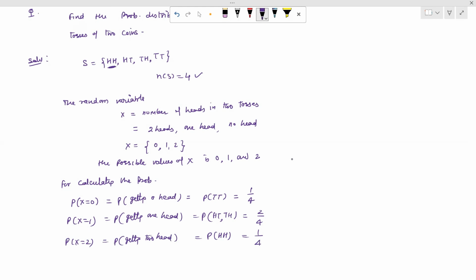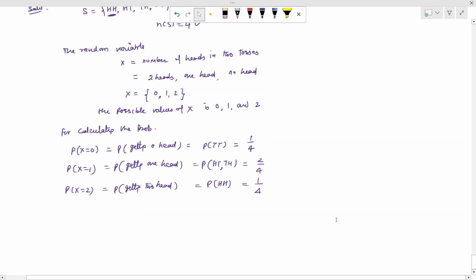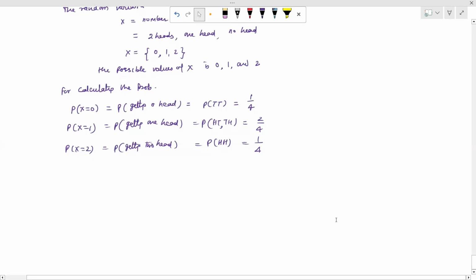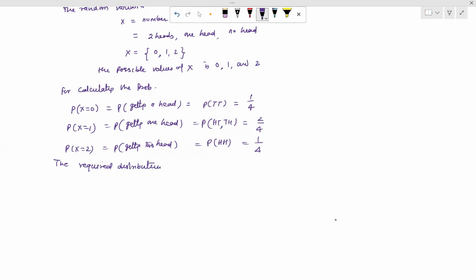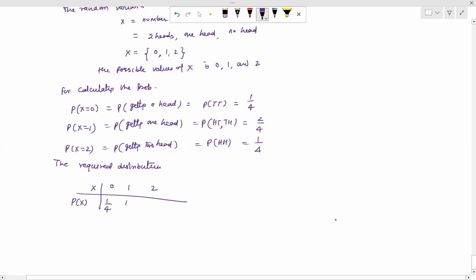Now we put these things into a table for the required distribution. The random variable X contains three values 0, 1, and 2, and we write down the corresponding probabilities. The probability of getting no head is 1 by 4, getting one head is 1 by 2, and getting two heads is 1 by 4.